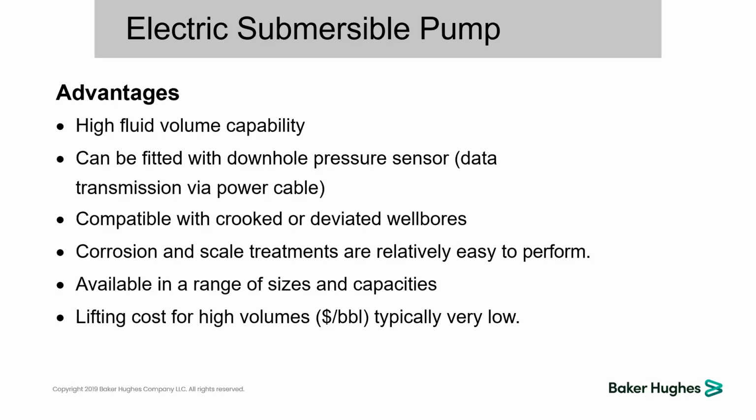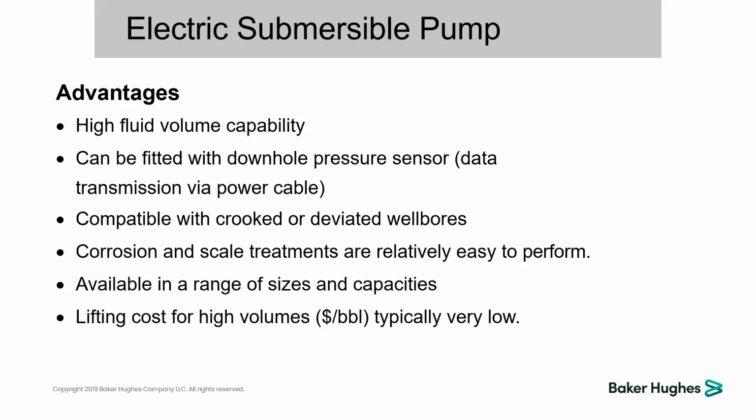The lifting cost for higher volume compared to other artificial lift will be quite low. Make sure you are careful when you are comparing the cost per barrel. For example, if you have one well producing 100 barrels of oil and another well producing 2000 barrels of oil, you cannot compare both of them.